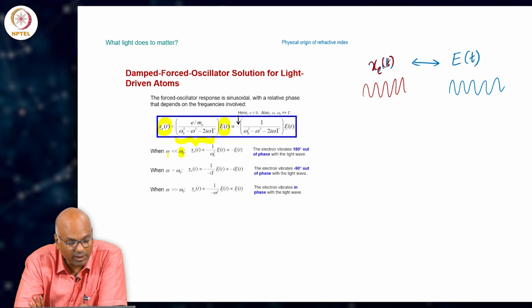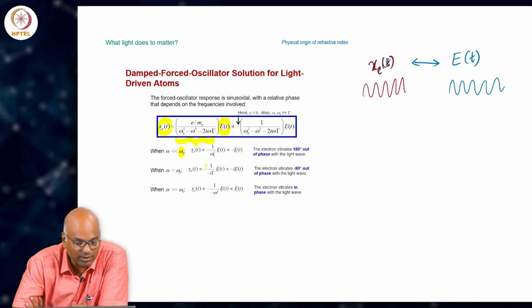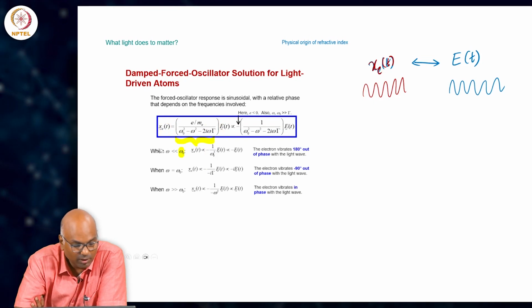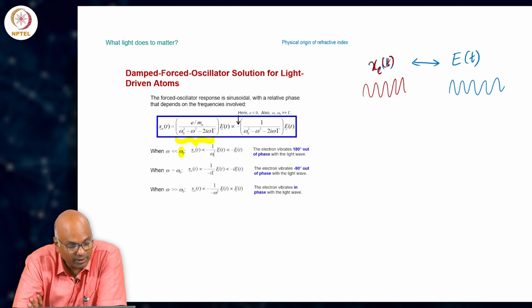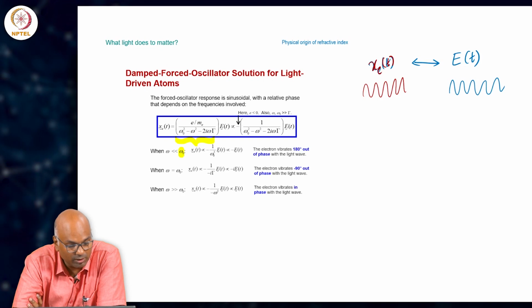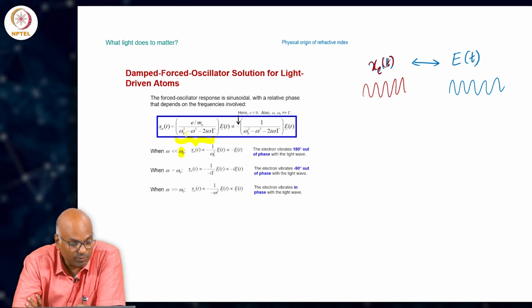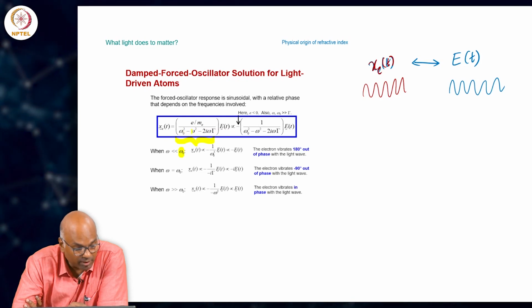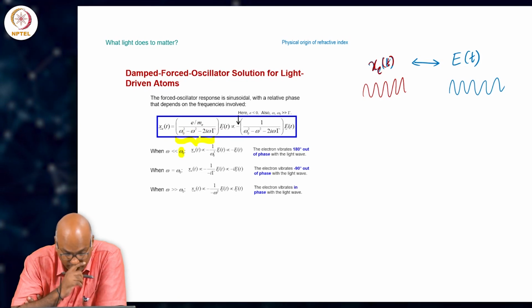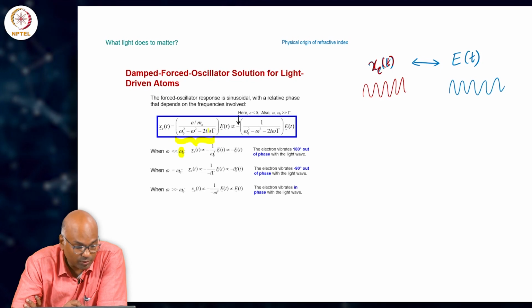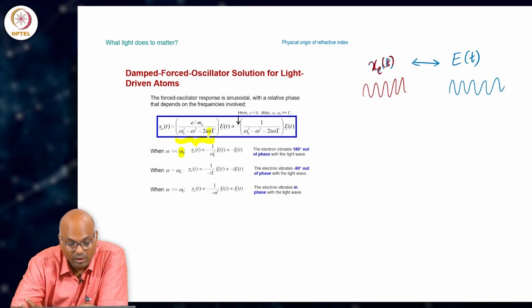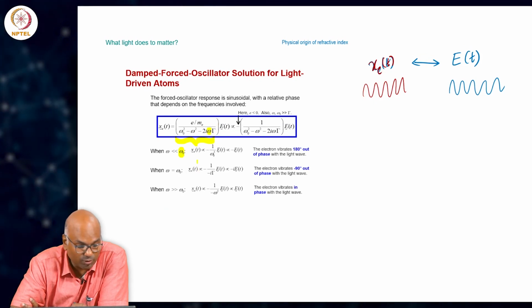If the driving frequency is much less than this, then from the expression above we can knock off omega, because it is much smaller than omega naught. Omega naught square is much greater than omega square, and that is kind of greater also because omega is a small number, unless gamma turns out to be huge, which is not usually the case.